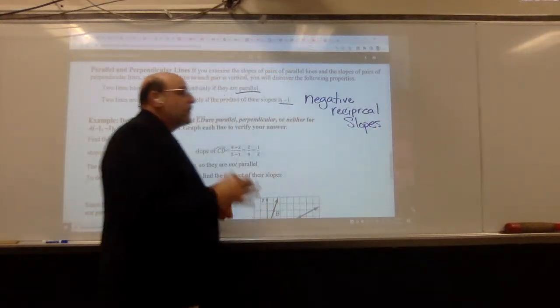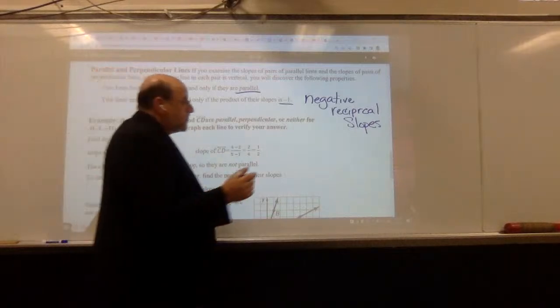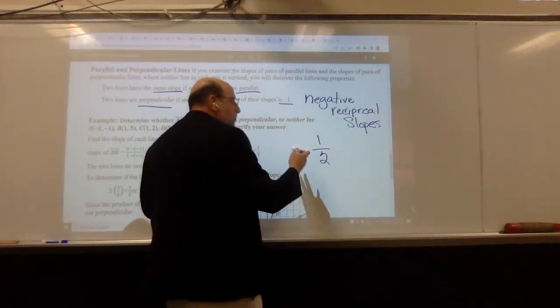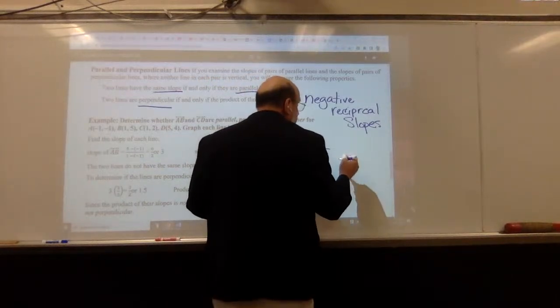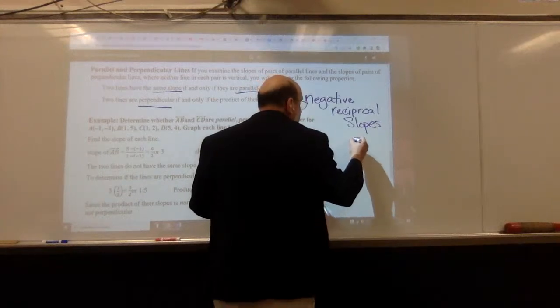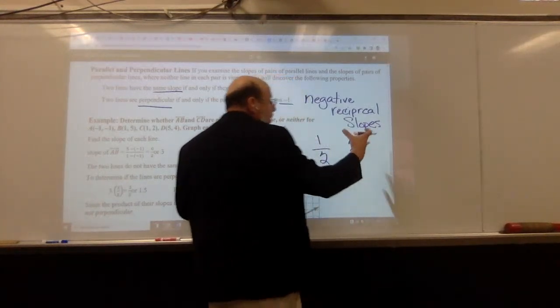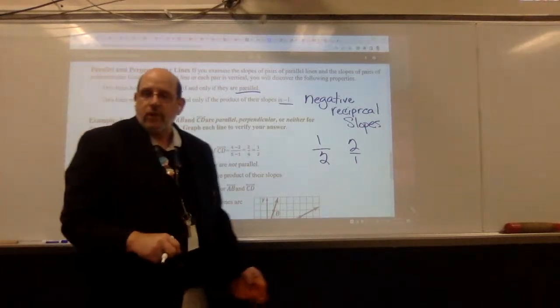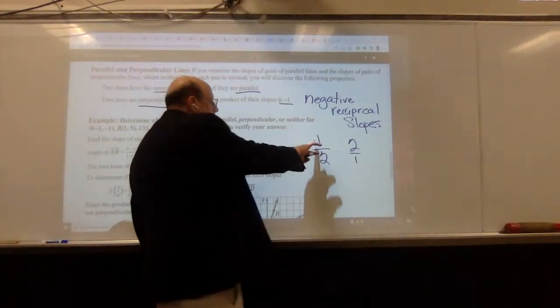All right. And if you remember, you have a fraction 1/2. It's reciprocal, right? 1/2, and its reciprocal is 2 over 1 or 2, right? That's the reciprocal. We just flip it over. Good? Just turn this sucker on its head.